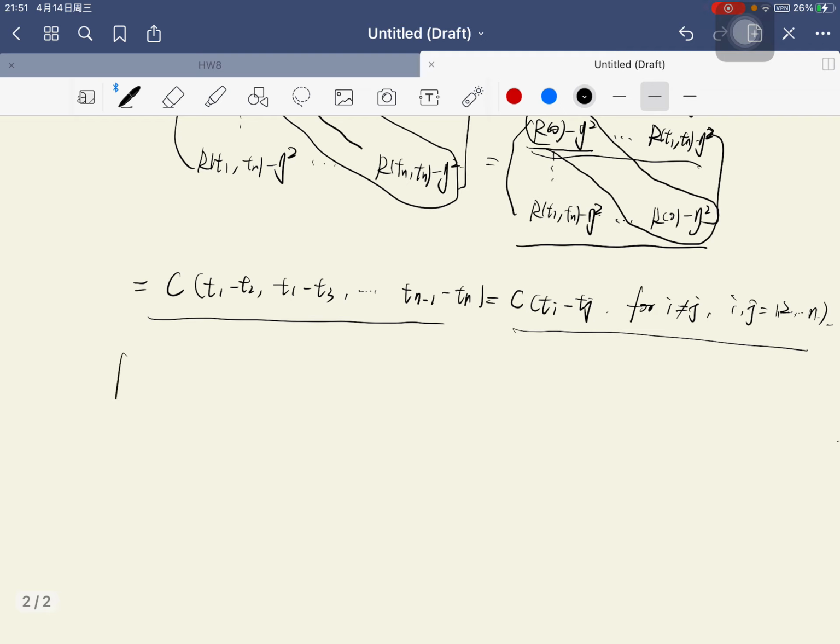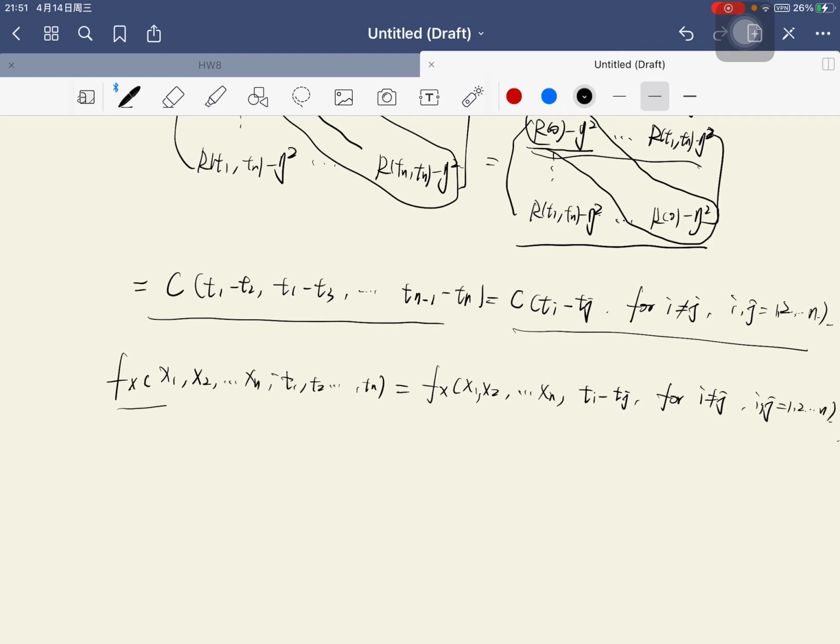So the density function of X(t) is equal to this form, depending on ti minus tj, with i and j from 1 to n.